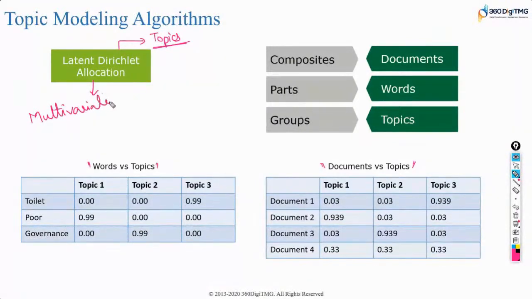This is multivariate data. It doesn't have only two columns or two variables. It has words, topics, documents, and topics. It's multivariate, not two, not bi, but multi, right? Words, topics, documents, multiple variables are being used. So it is called a multivariate distribution.